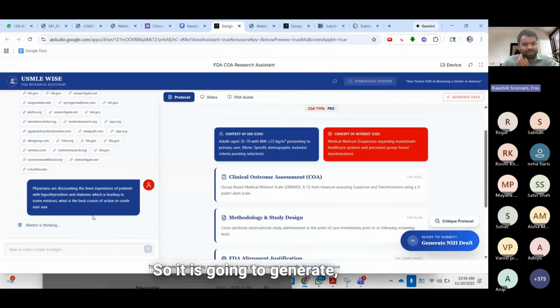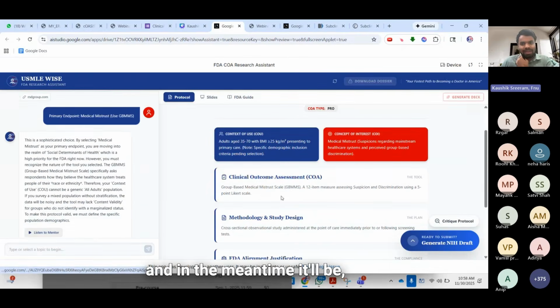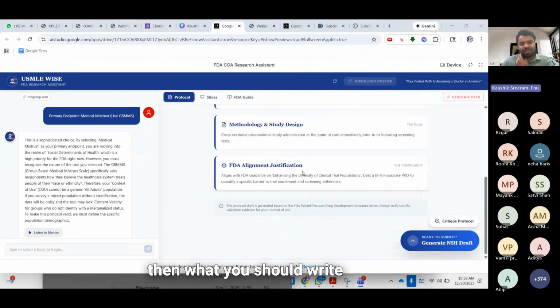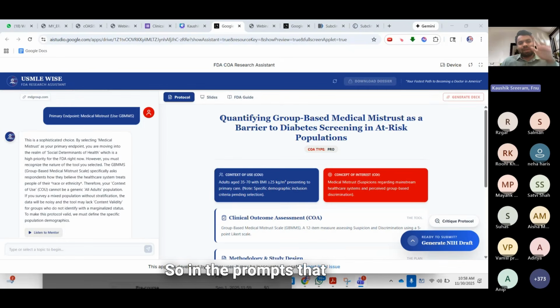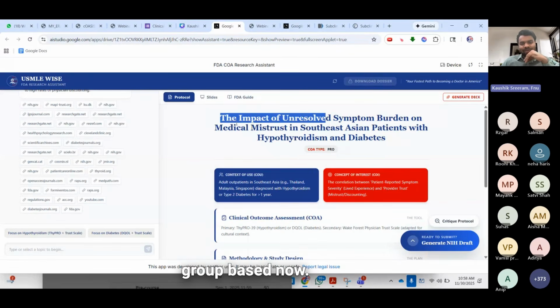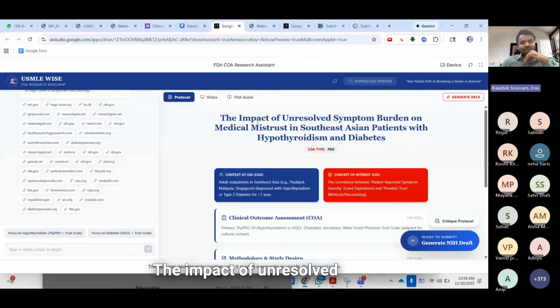So it is going to generate, and in the meantime it will be refining your title, topic, and what you should write in your protocol. In the prompts we had given, it did mention that we are quantifying group based now. The impact of unresolved symptom burden on medical mistrust in Southeast Asian patients with hypothyroidism and diabetes.